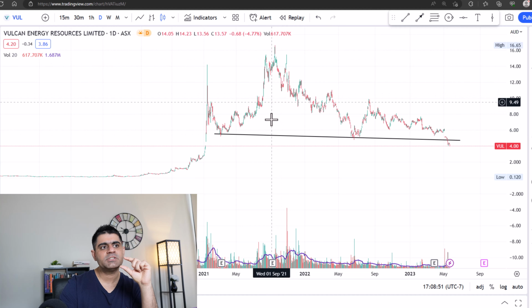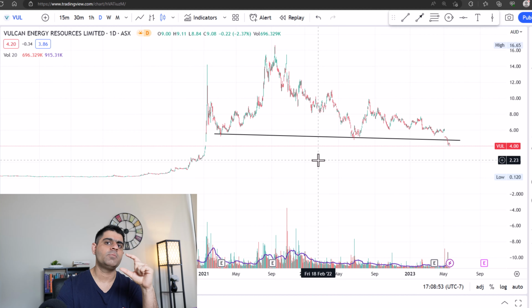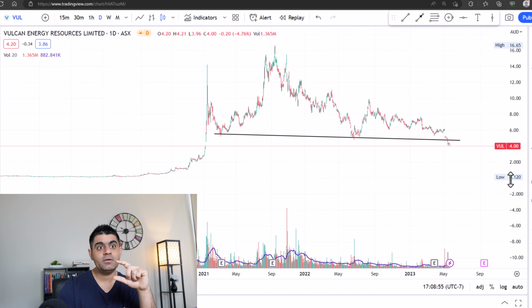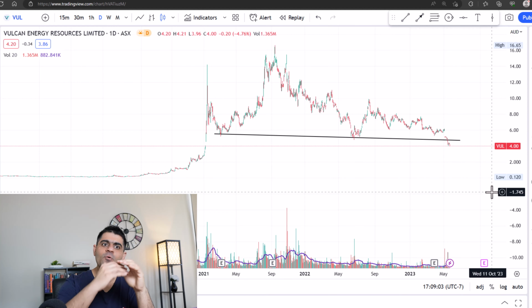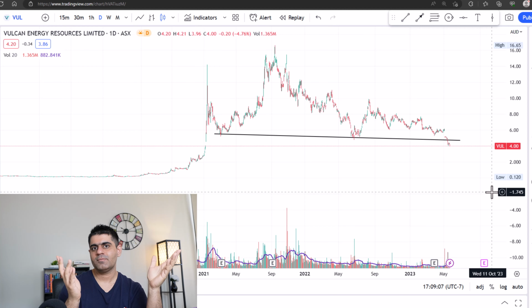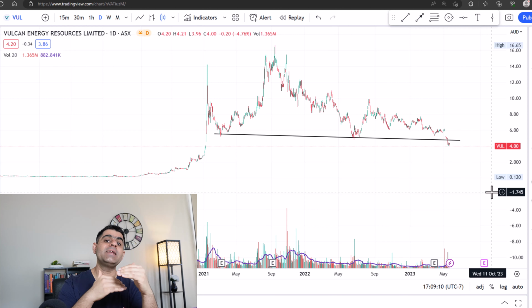It fell from 16 to 5, so that should be a drop of 11 points. But if you look at the level at which this stock is trading, it's trading at $4. If it falls down by another 11 points, it means you should be looking at a level of -7 on this stock. Not possible, right?